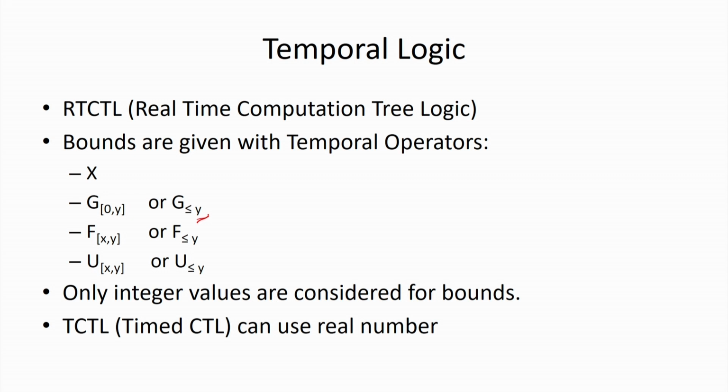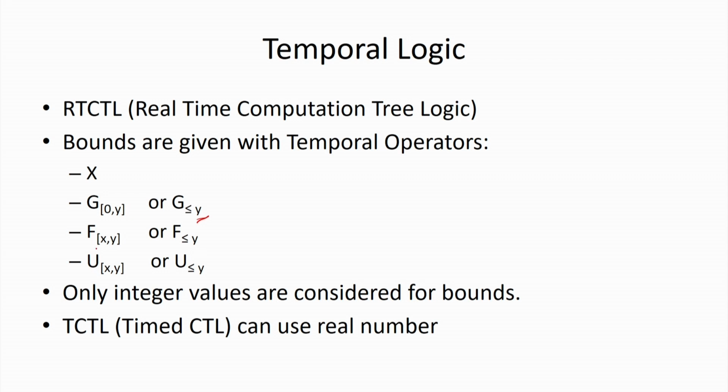Within this y, all states should satisfy this property, or in some notion it says from the current, present state to that particular bound y. So, we can have the subscript bound 0 to y, or we can say less than y, that means from this particular state to the time instance y.